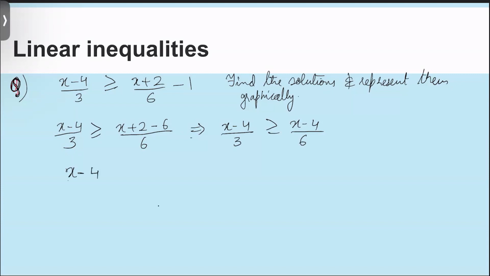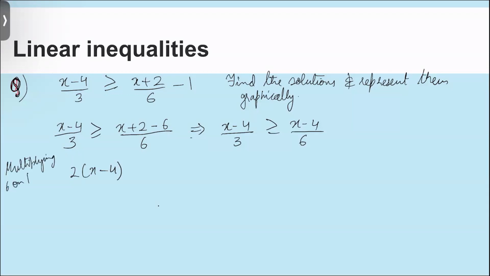Sorry, this would be 2x minus 4, because we get this by multiplying 6 on both sides.